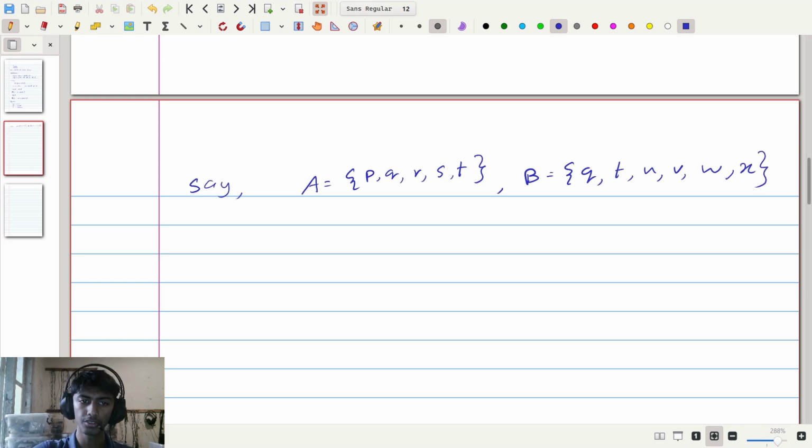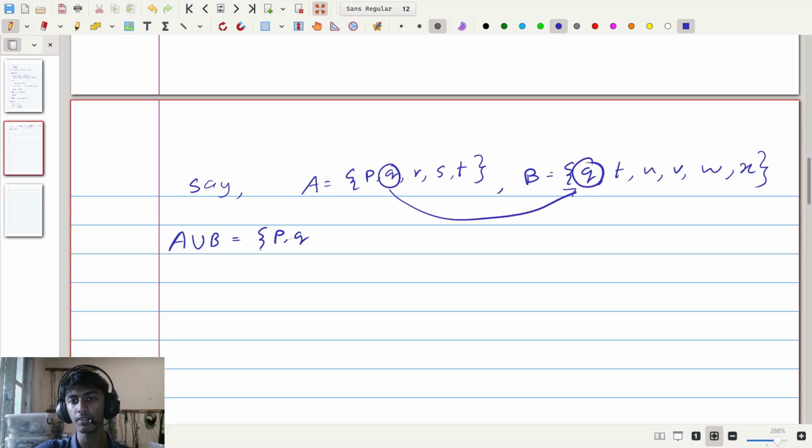In this case, what we mean by A union B is all the elements in A plus all the elements in B, cancelling out any repeated elements. So P has to go in, Q has to go in, but notice here Q is repeated, but that doesn't matter for us. We just cut out the repeated values because we only want the unique elements within the set. So we just write Q.